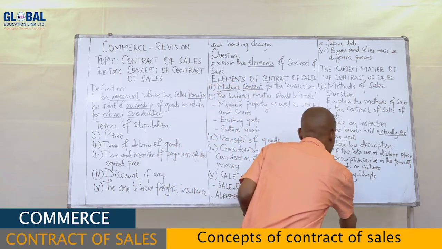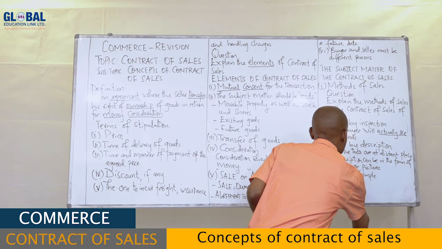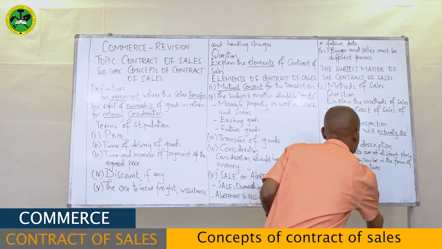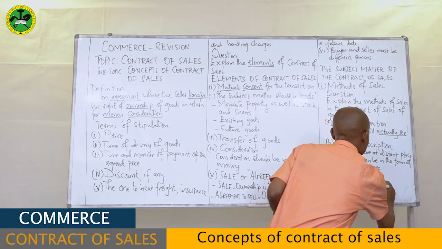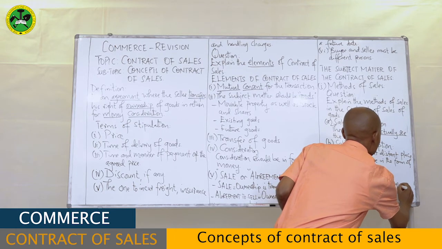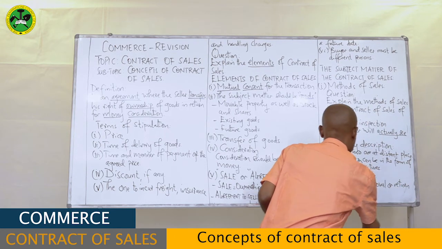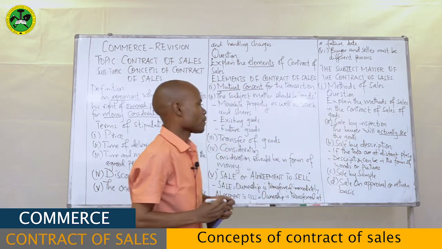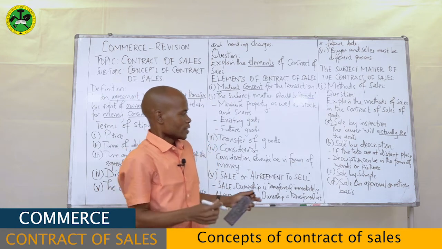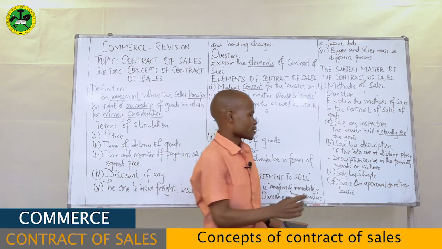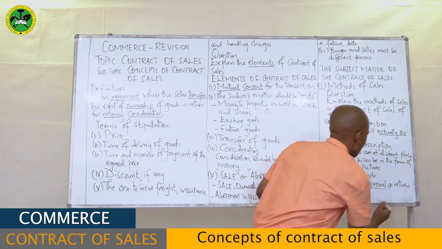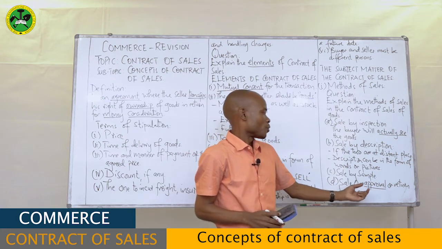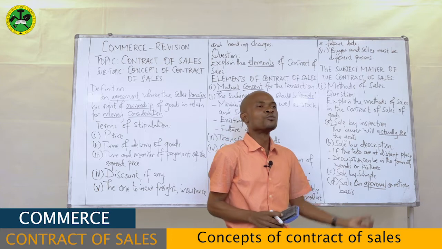And another method is called sale on approval or return. Sale on approval or return basis. Here there are two options. One is that the buyer must approve.